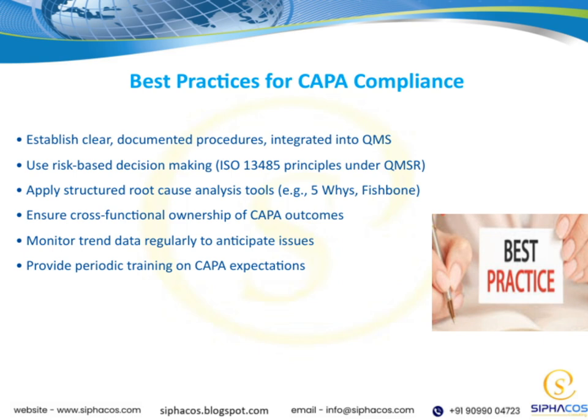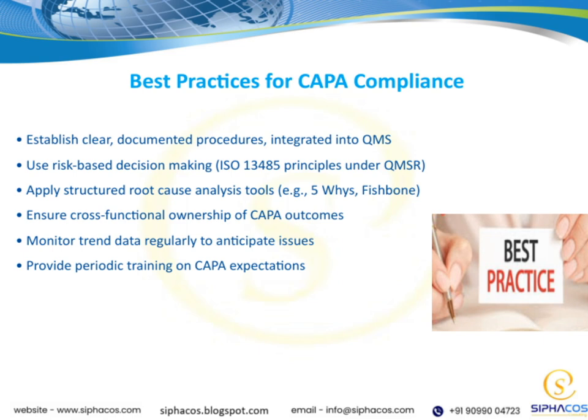Cross-functional ownership is another important aspect. CAPA outcomes should involve different departments working together, ensuring accountability and comprehensive resolution. Monitoring trend data regularly allows us to anticipate issues before they escalate. By analyzing patterns, we can implement proactive measures rather than reactive ones.